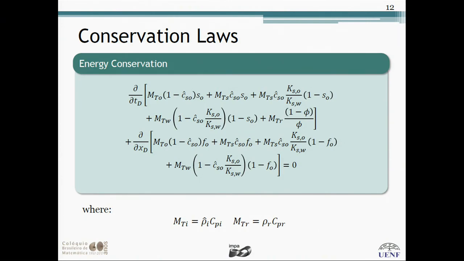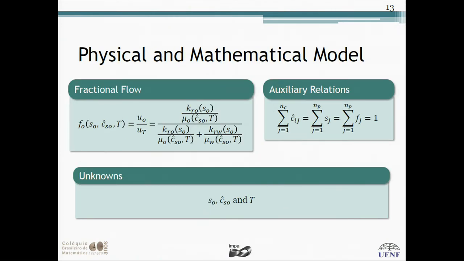And so these are constants. And so we have 4 equations, but we have only 3 unknowns because all the concentrations are related through the restrictions, auxiliary relations of the sum of concentrations that sum up to 1, also the saturations sum up to 1, and the fractional flow.